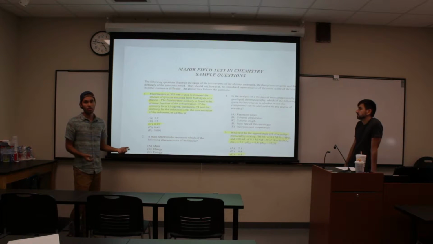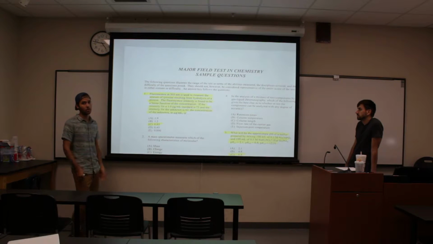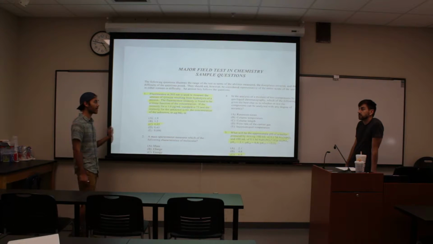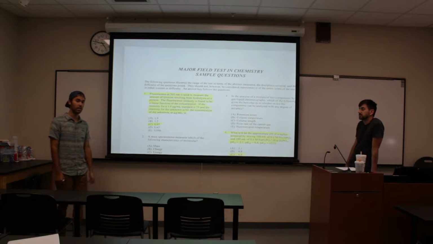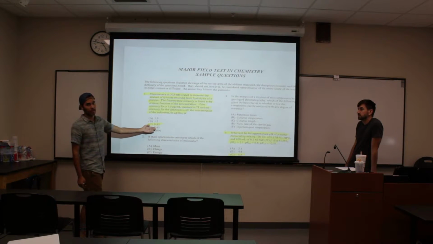This is a simple proportion, so you have the 1 microgram per milliliter, you put it over its intensity, you make it equal to your unknown value, which would be x, over its intensity, which is 62, you multiply, you divide, you get the answer real quick, it's 0.85.